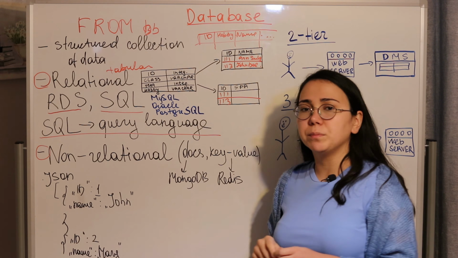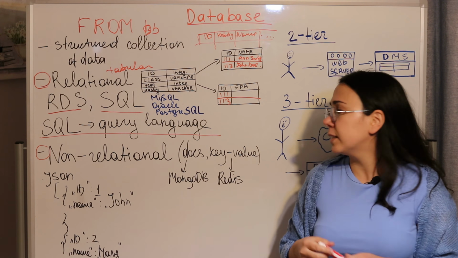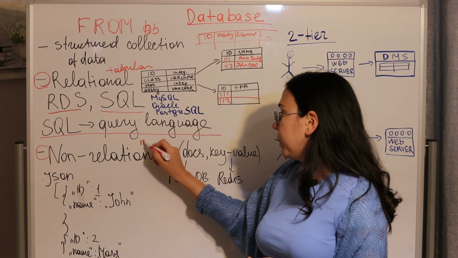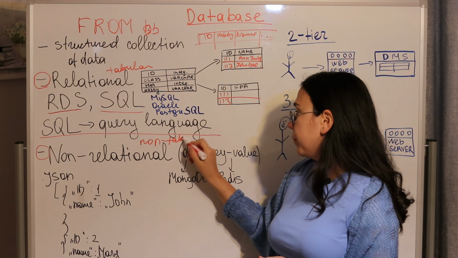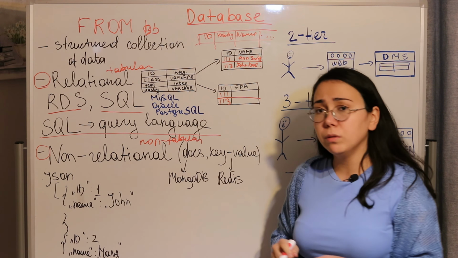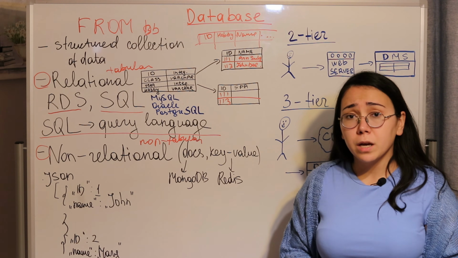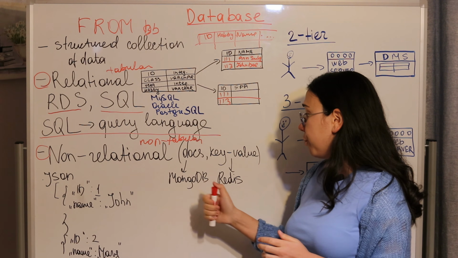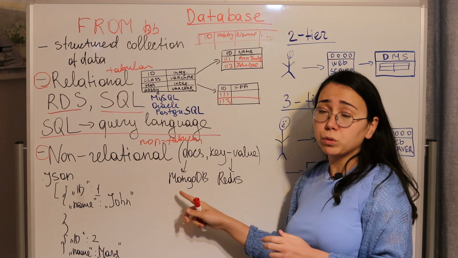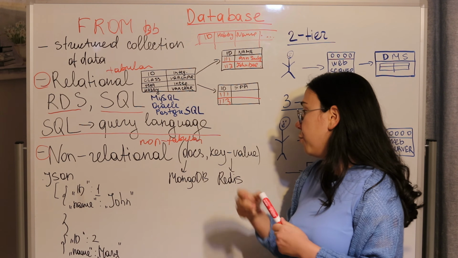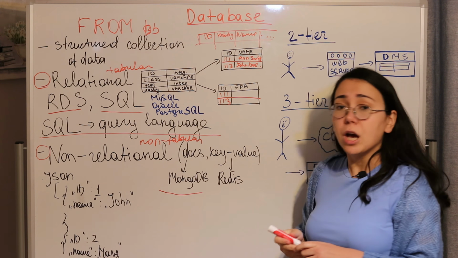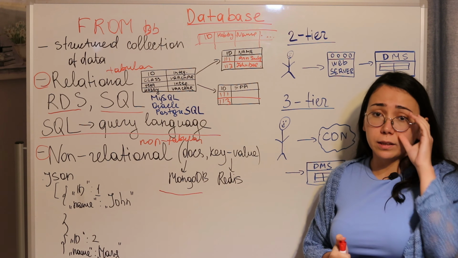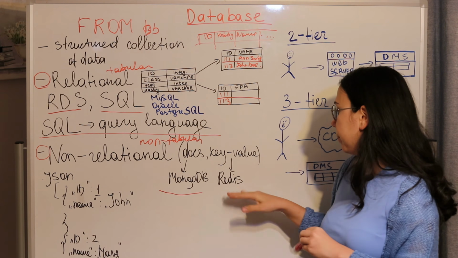Non-relational database means that the data doesn't necessarily have to be kept in a tabular format. It's non-tabular. So you make a call on how to keep your data. You can keep the data in the form of documents, right? MongoDB is a very popular document-based non-relational database. You can keep your data in key-value pairs, right?